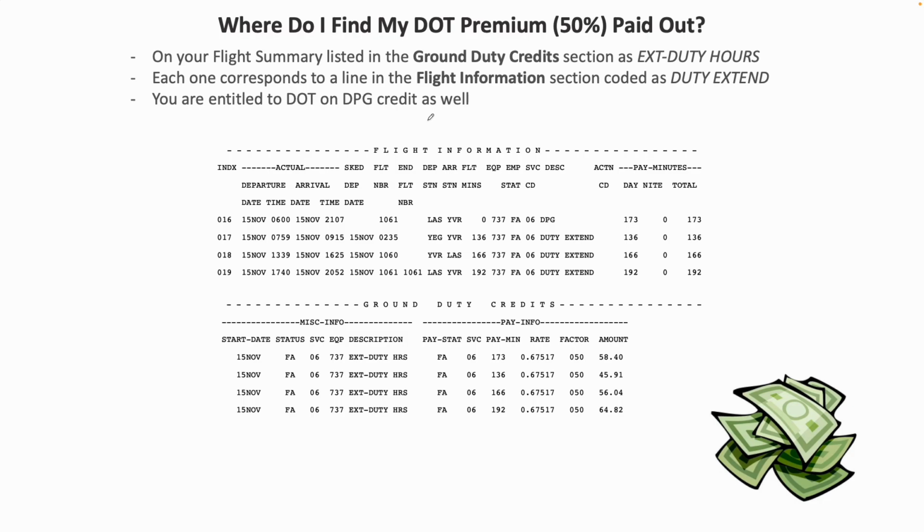Where would you find your DOT premium paid out? You would look under the ground duty credits section of your flight summary, and you can see it classified as EXT-duty hours, so extended duty hours.